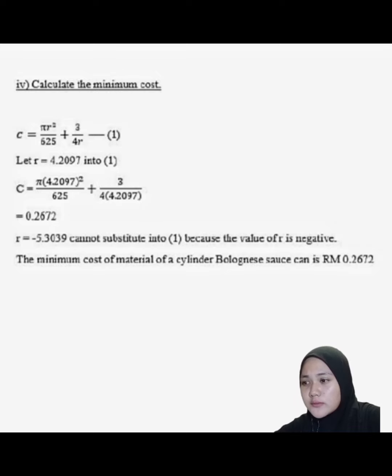R equal to negative 5.3039 cannot substitute into equation C because the value of r is negative. The minimum cost of material of a cylinder bolognese sauce can is Rm 0.2672. So that's all from me.